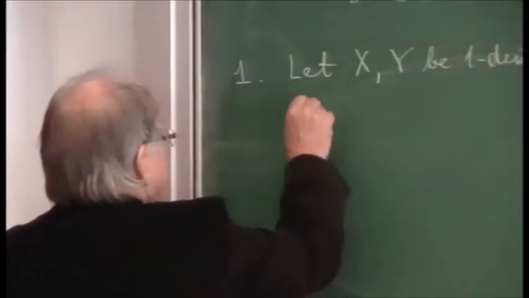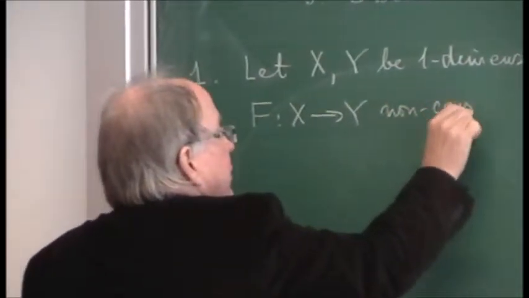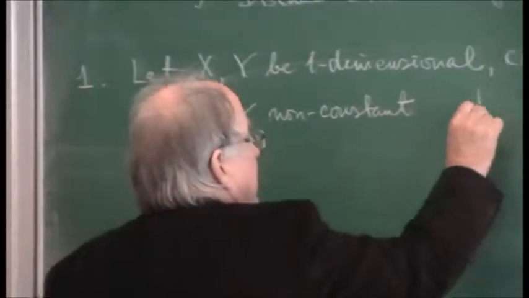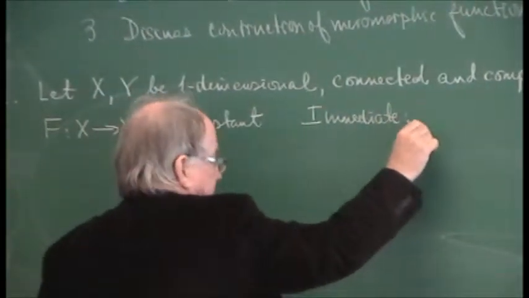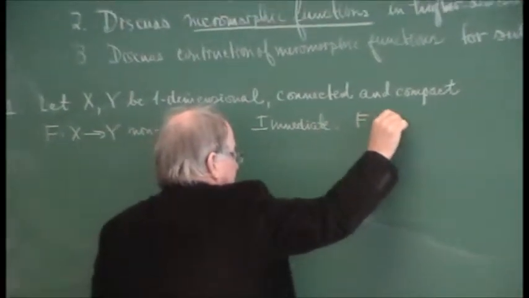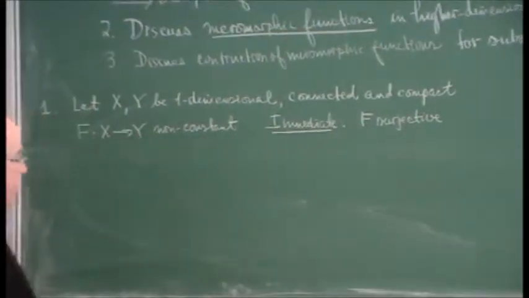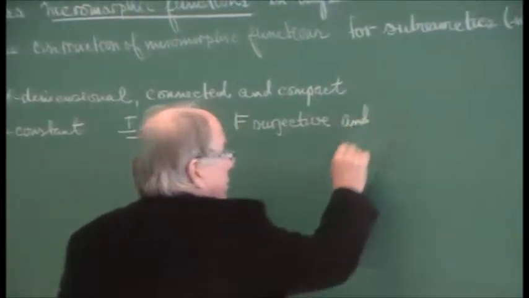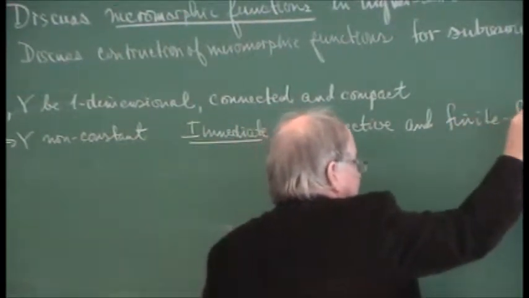Now let us consider a map F, a non-constant map F, which is of course holomorphic in this context, and it is an immediate fact from the open mapping theorem that F is surjective, and of course the identity principle says that it's finite fiber. Every fiber is finite.